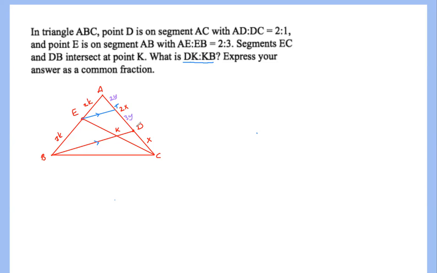But we already know from D to A was 2 times X and DC was 1X, which means AD was twice DC. So we already know AD is 5Y, so this is going to be 2.5Y.